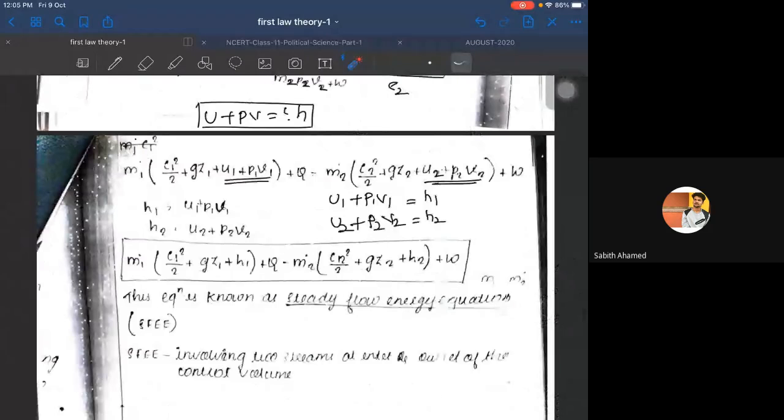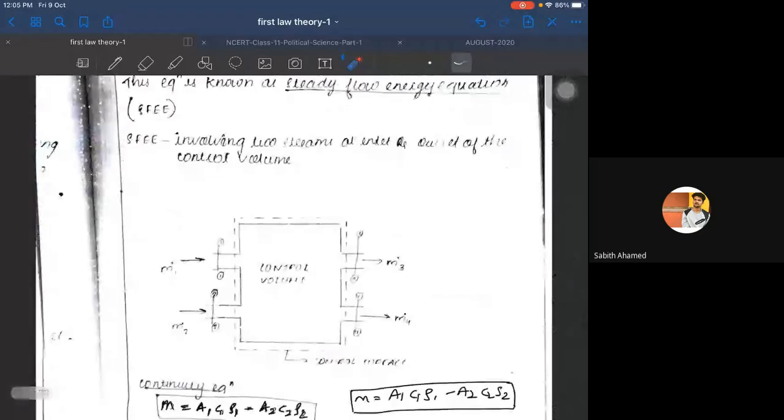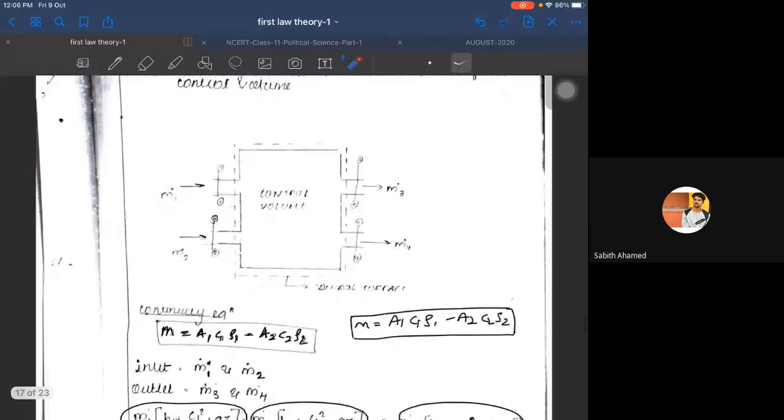Now, how to apply this SFEE if you have multiple inlets and multiple outlets? Okay, fine.